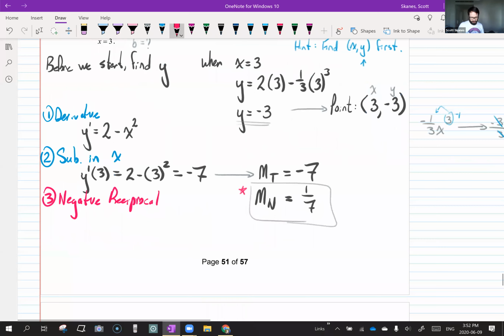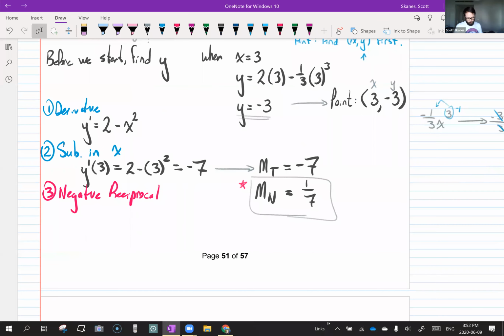That's our negative reciprocal step. Why do we need that? Well, we can't build the function without m. So use y equals mx plus b to continue. Let's see. Y is negative 3. X is 3, and b will be given. So let's just write these in.